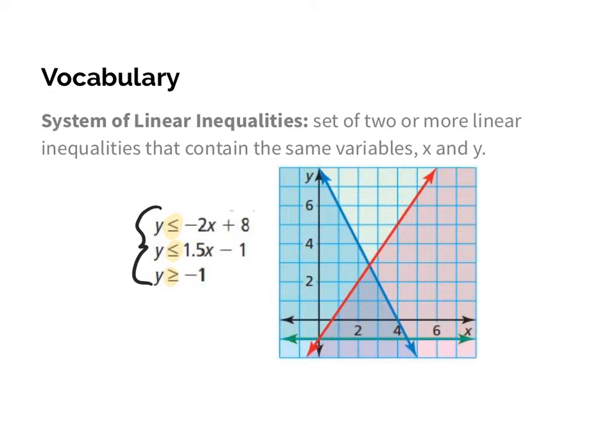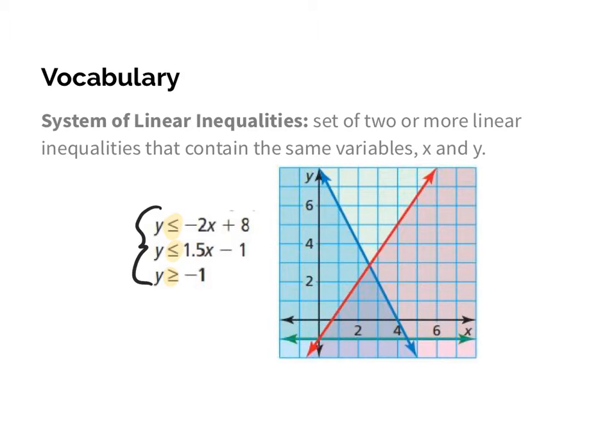All 3 of those inequalities contain the variables x and y. And notice when we graph them, each one is represented by a line. You'll see the different shaded regions: the blue region shaded here, the red region, and then the green region as well being shaded above here.